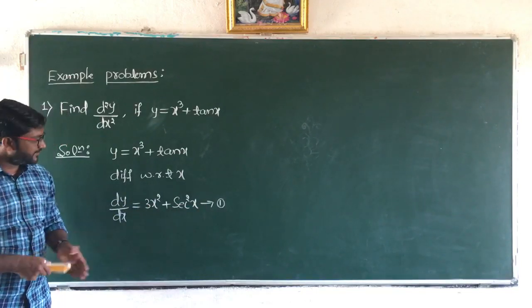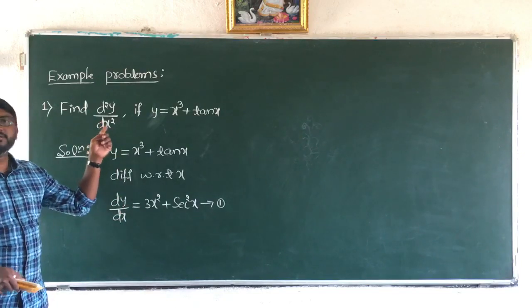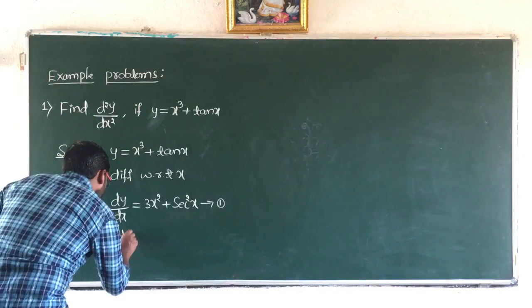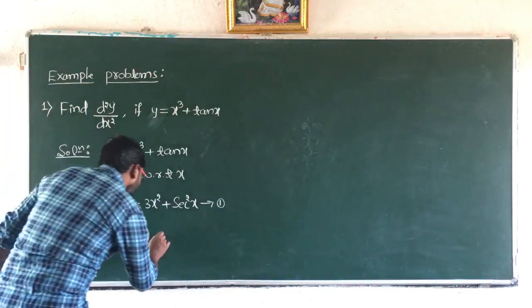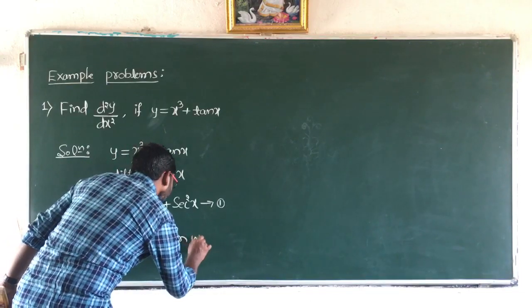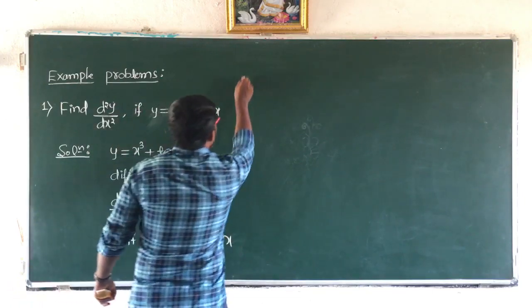Now we have to differentiate this again with respect to x so that we get d square y by dx square. So here differentiate equation number 1 again with respect to x.